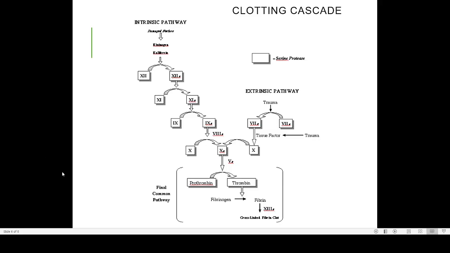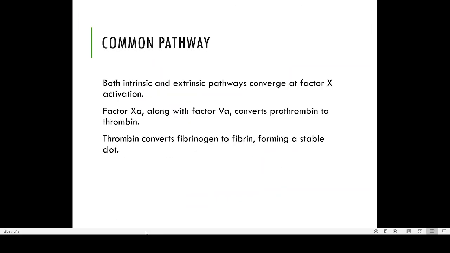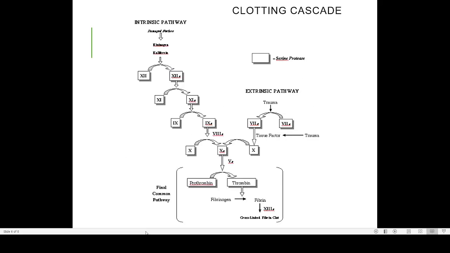So the intrinsic pathway is controlled by internal factors, whereas the extrinsic pathway is controlled by external injury. Then we have a common pathway. In the common pathway, both the intrinsic and extrinsic pathways converge at factor 10. See here, this is the intrinsic pathway, this is the extrinsic pathway.